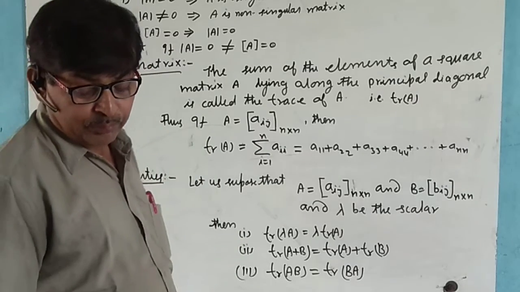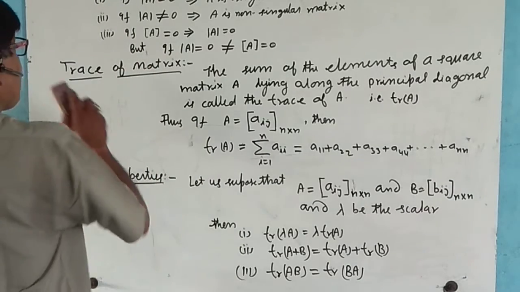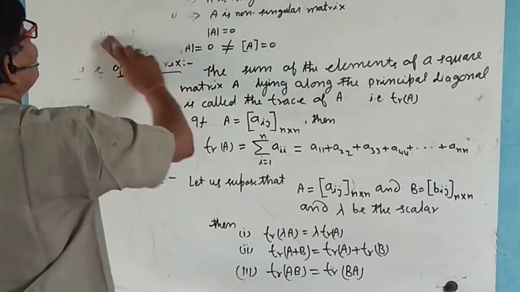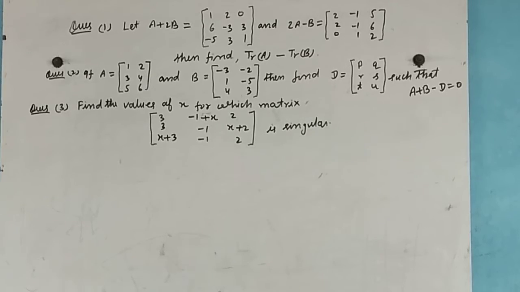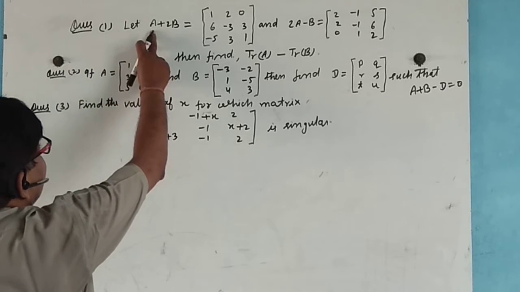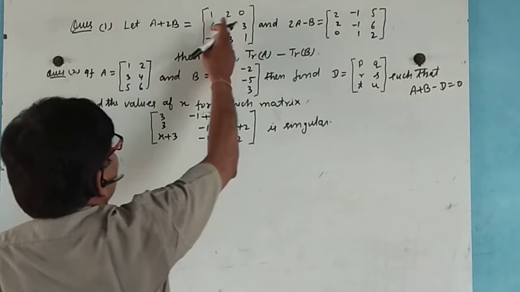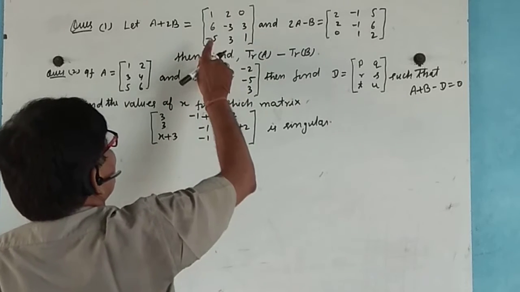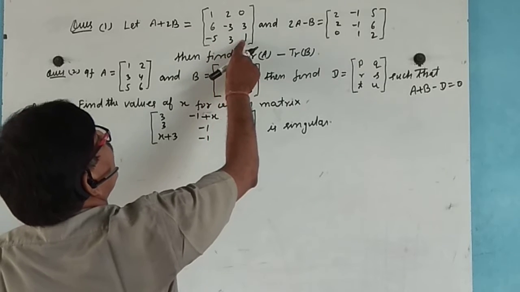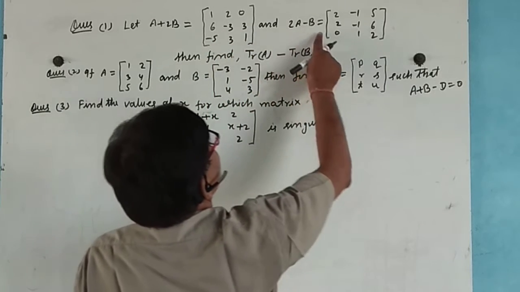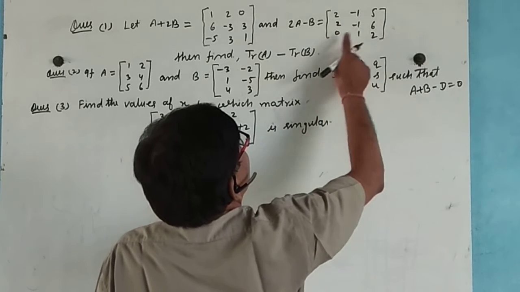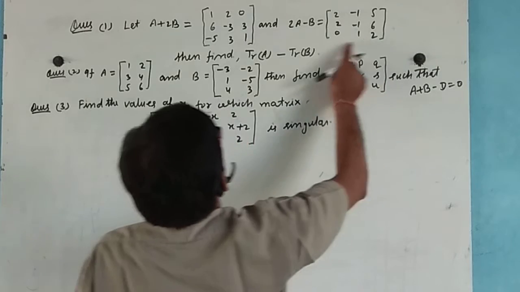Problem question number 1. Let A plus 2B be equal to the matrix 1 2 0, 6 minus 3 3, minus 5 3 1, and 2A minus B equal to 2 minus 1 5, 2 minus 1 6, 0 1 2.